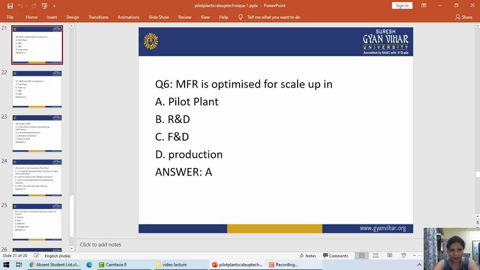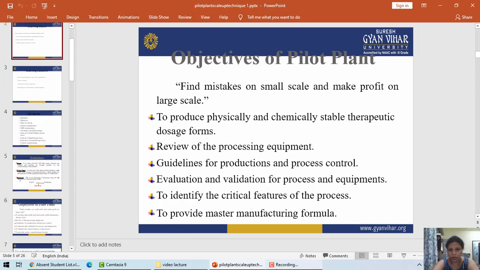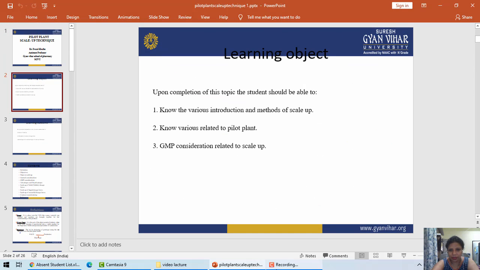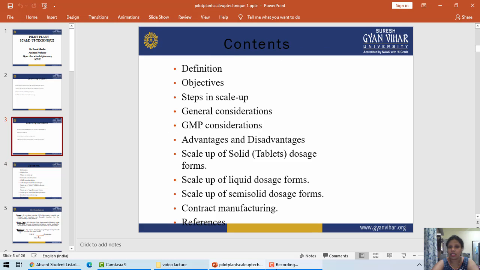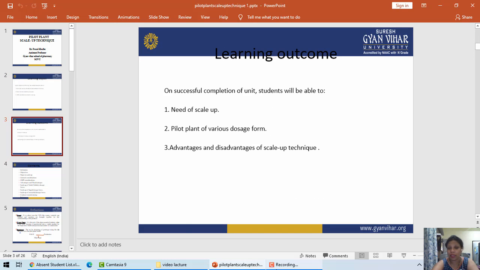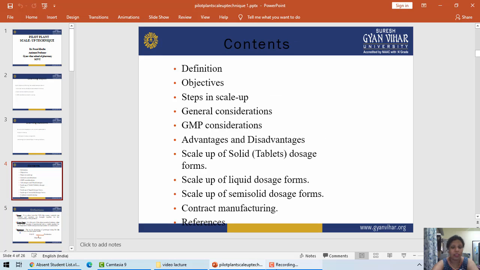So thank you. You can see here, in today's class we have discussed the pilot plant scale up technique, the learning objective, learning outcome, and contents in detail.